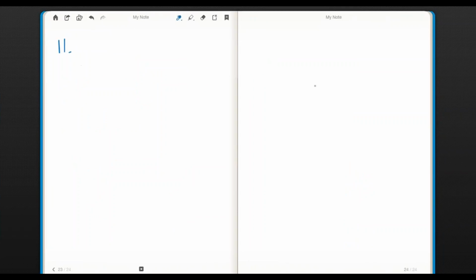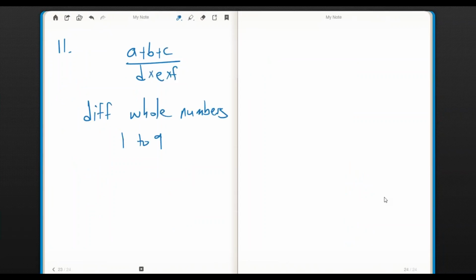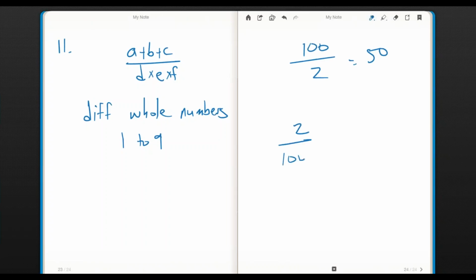Number 11. This question wants to know the largest possible value of A plus B plus C over D times E times F if A, B, C, D, E, F are different whole numbers from 1 to 9. If we want a large value, right, a large fraction is like 100 over 2. That's 50. If you have 2 over 100, that's less than 1.